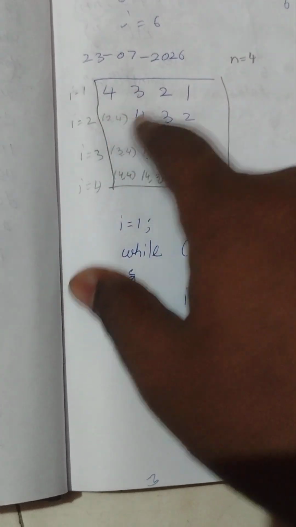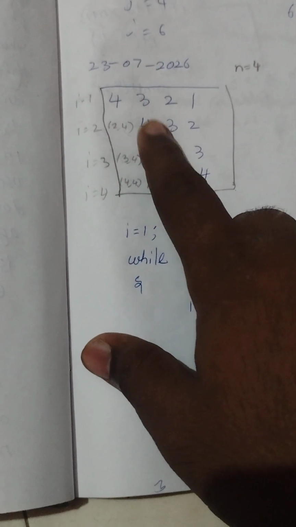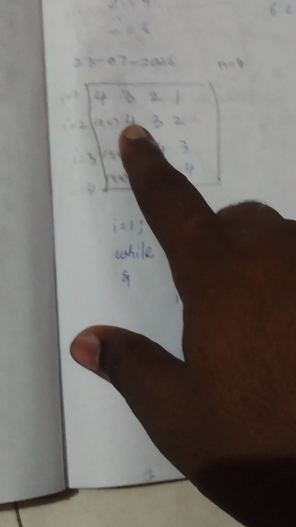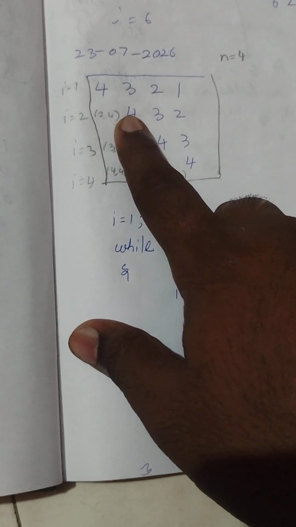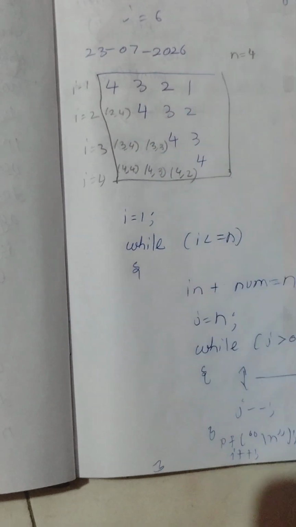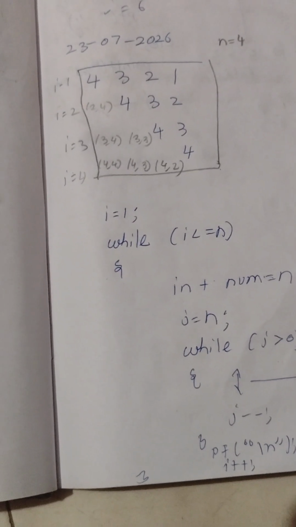All the values come under 5. For this one also, 2 comma 2 is 4, 2 comma 3 is 5.